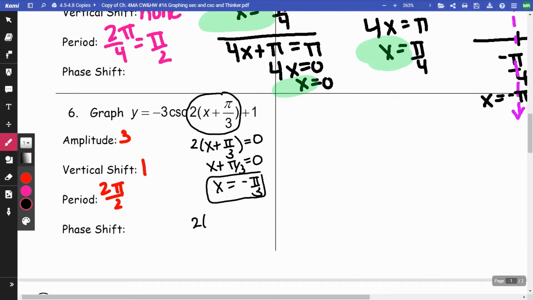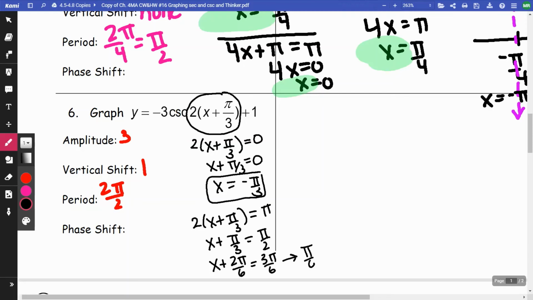I am going to take 2 times x plus pi thirds and set it equal to pi. So that's going to be x plus pi thirds is equal to pi halves. Getting a common denominator, let me just rewrite this. This would be 2 pi sixths. This would be 3 pi sixths. So I'm going to end up at pi sixths.